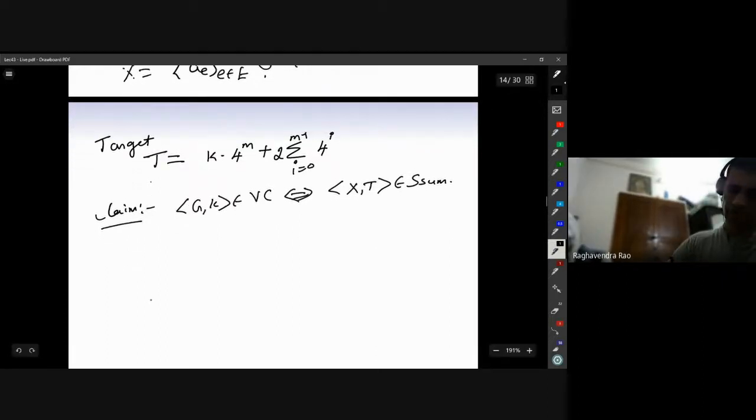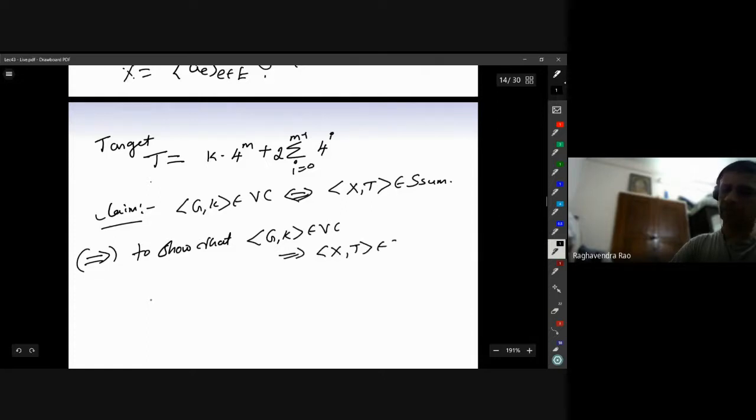Suppose, so for the forward direction, in an if and only if relation, you just prove both the directions. Okay, so to show that G, k is in VC implies X, T is in subset sum. Okay.